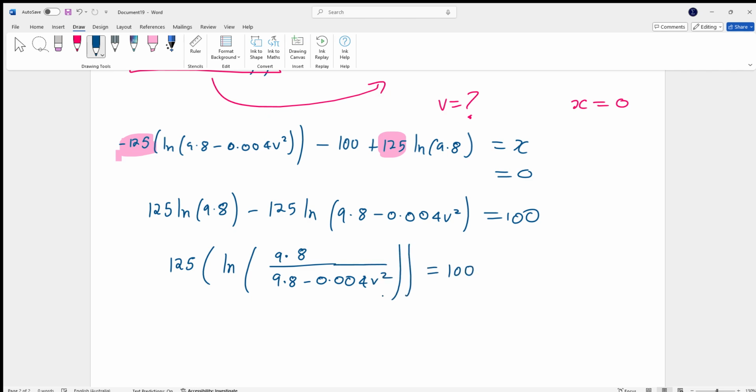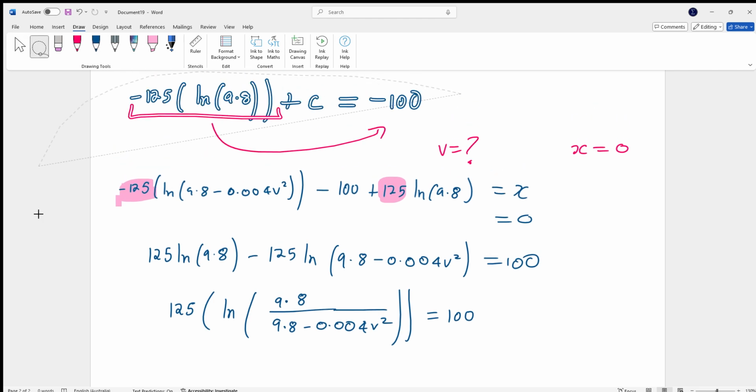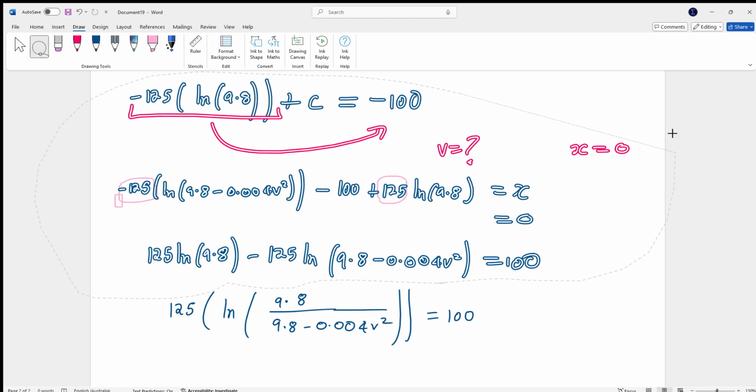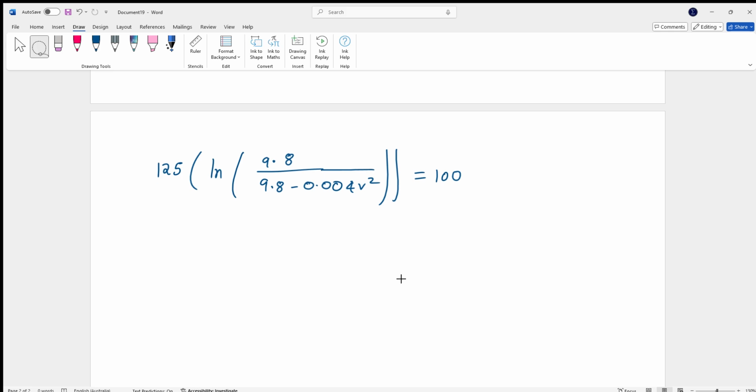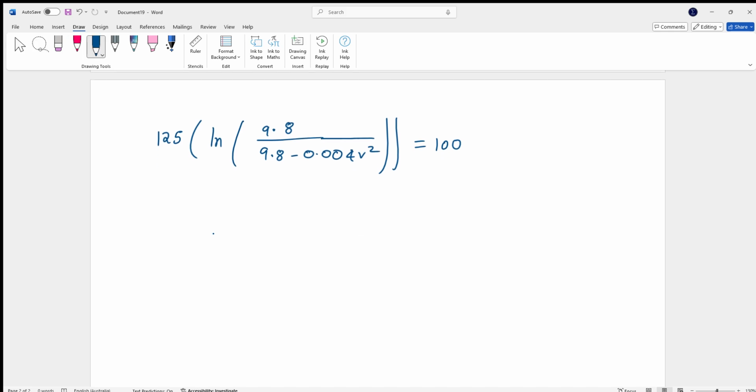equals 100. Now what you would do is rub out all this working, because we're going to run out of room, and move it up there. Divide both sides by 125, so you have ln of 9.8 over 9.8 minus 0.004 v squared equals 100 over 125.